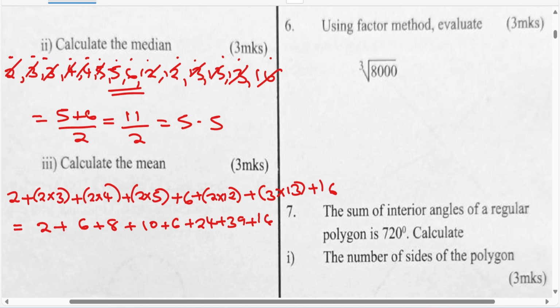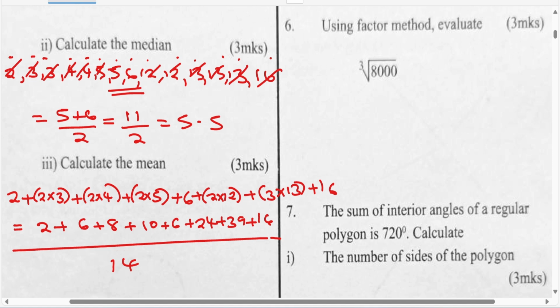So there are 14 numbers in total. So divide by 14. So add those numbers: 2 plus 6 plus 8 plus 10 plus 6 plus 24 plus 39 plus 16. It gives you 111. Then 111 divided by 14.